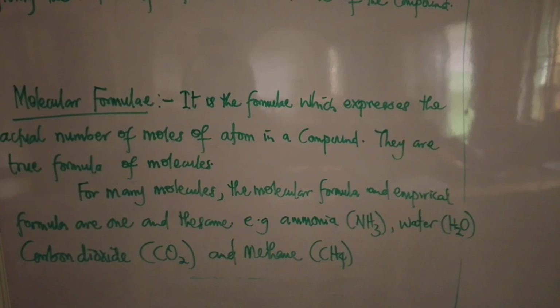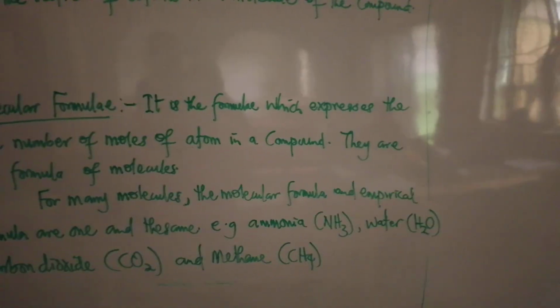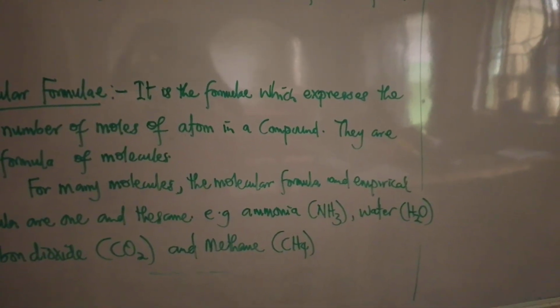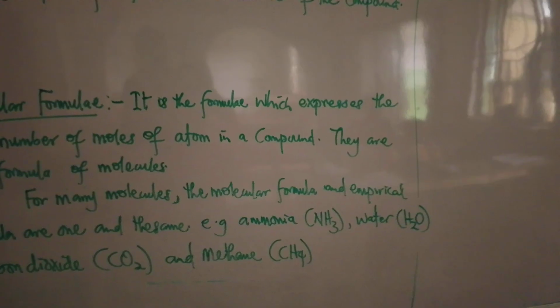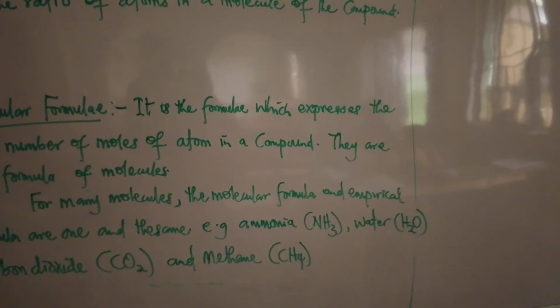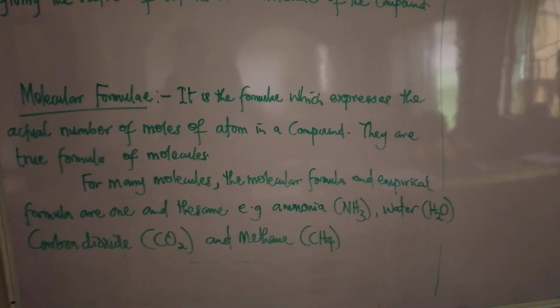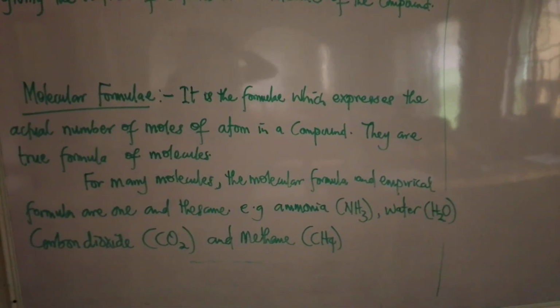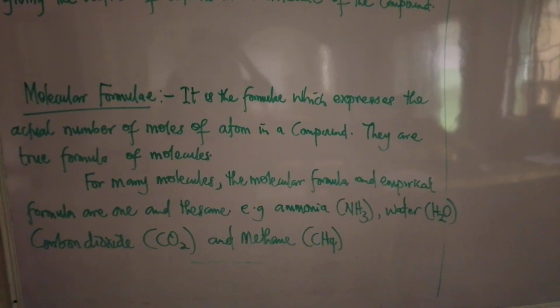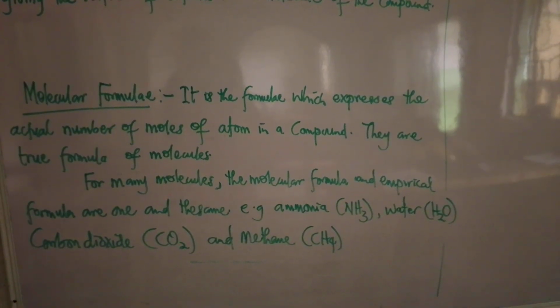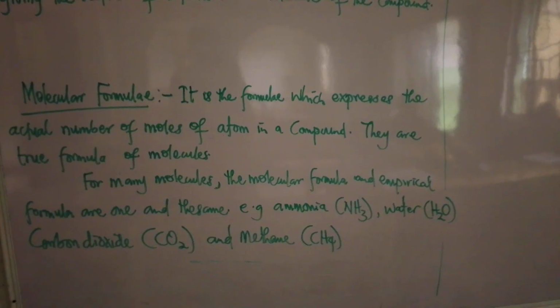For example, ammonia: the same thing is the empirical formula and the molecular formula, so there's no difference between them. Another one is water. Another one is carbon dioxide, which is carbon 4 oxide. And another one is methane. Methane has the same empirical and molecular formula.